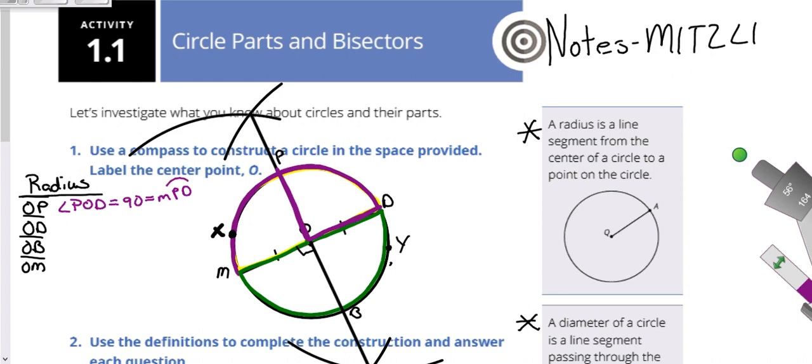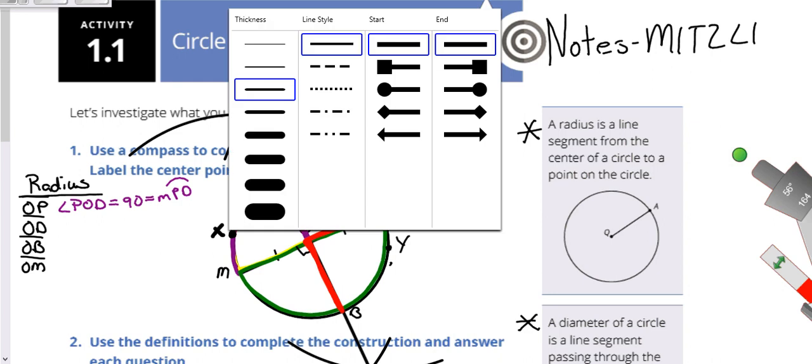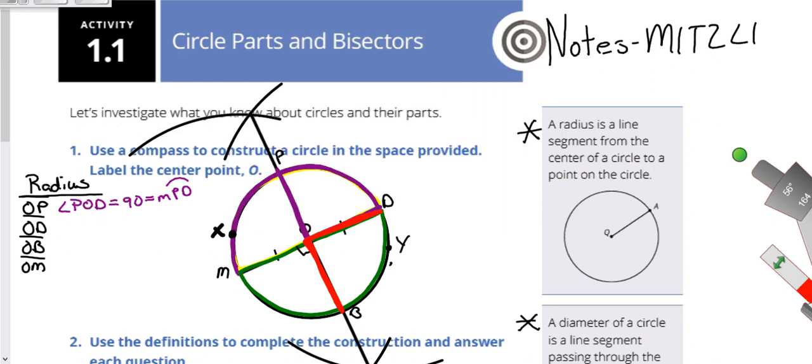So we have an arc of PD. Now the next one I'm going to talk about is this central angle right here, DOB. Angle DOB is also equal to 90 degrees, which is equal to the arc of DB. Again, with a little semicircle, so we're talking about this arc right here.